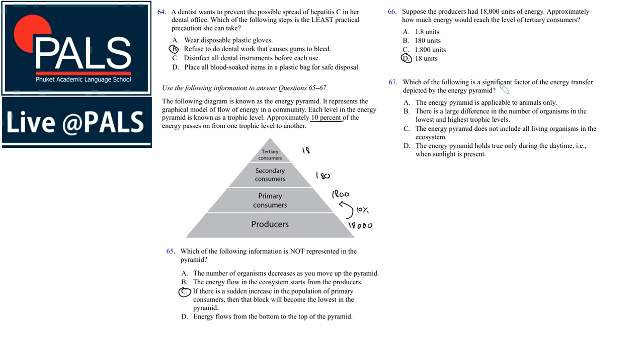Which of the following is a significant factor of the energy transfer depicted by the energy pyramid? The energy pyramid is applicable to animals only. I don't think this is correct because there are producers in here, and producers are usually plants. There's a large difference in the number of organisms in the lowest and highest trophic level. The energy pyramid does not include all living organisms in the ecosystem.